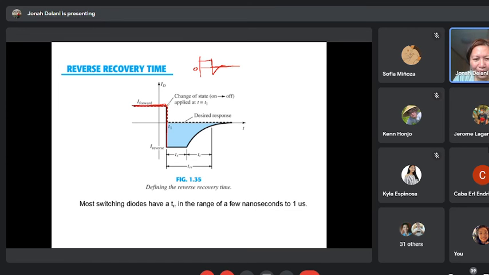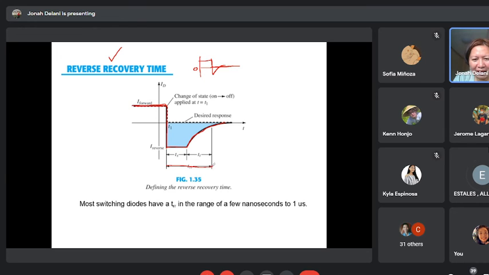So, the time it takes for the diode to actually become zero after that small reverse, we call the reverse recovery time. This part here.